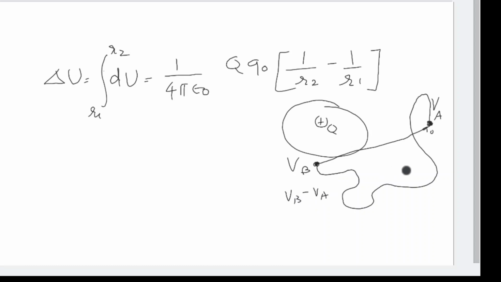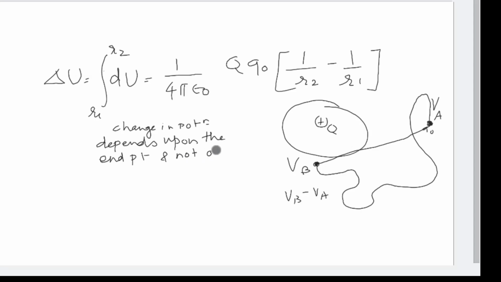So we can say clearly, the change in potential depends upon the endpoints and not on the actual path.